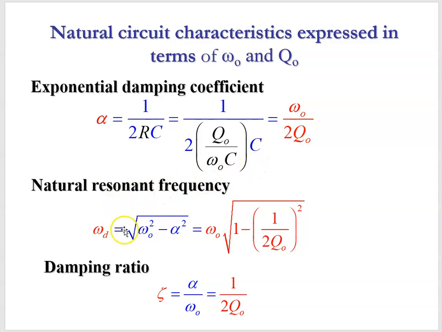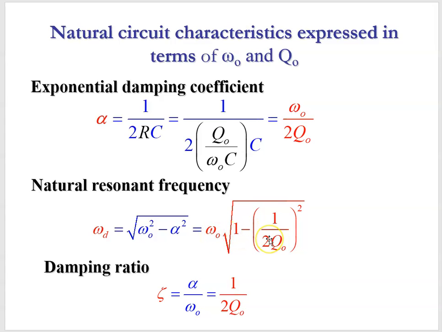Our natural resonant frequency, omega d, is the square root of omega naught squared minus alpha squared. Again, for alpha, we can substitute omega naught over 2 Q naught. Well, we substitute omega naught over that, but we're pulling this out of the radical. So we have the square root of 1 minus 1 over 2 Q naught squared. So if we have a very high quality factor, this term is going to be very small, and our natural resonant frequency will be closer to our resonant frequency.